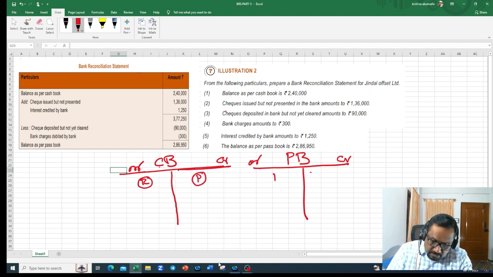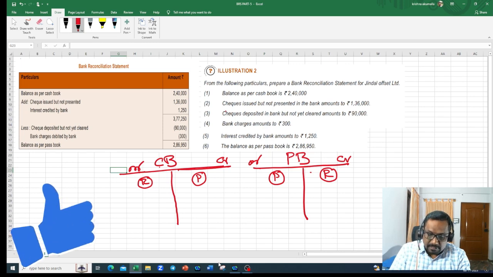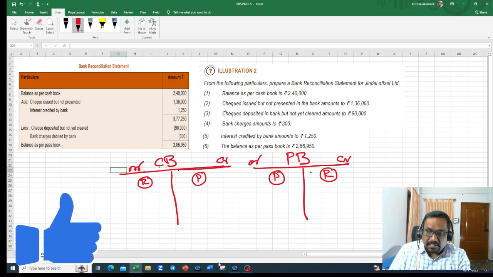Passbook, debit side is called payment side, credit side is called receipt side. Simple, you draw these two. Are you following me? Put cash book, passbook, debit side receipts, credit side payments in cash book. In passbook, debit side payments and credit side receipts. This I already explained in my previous videos.